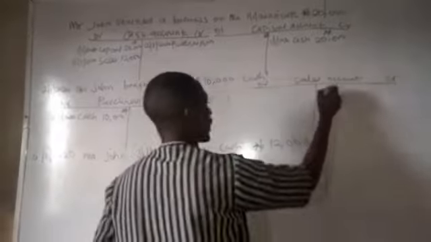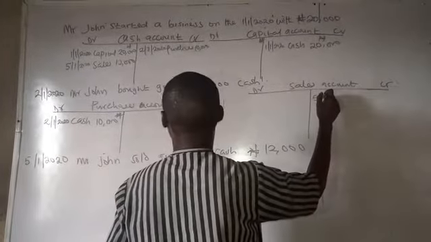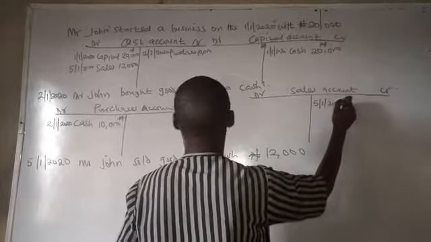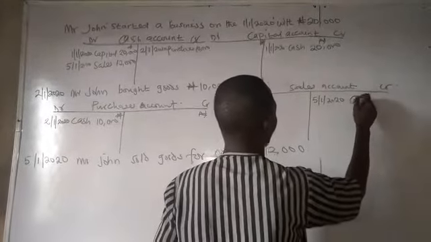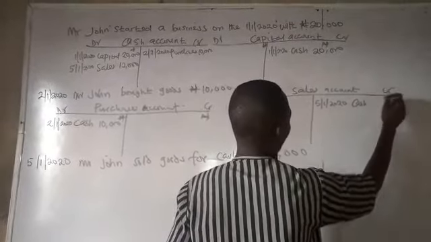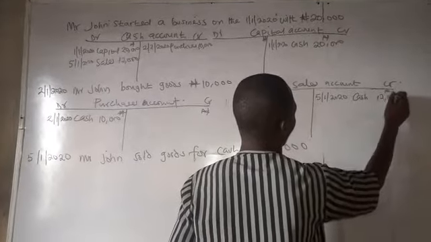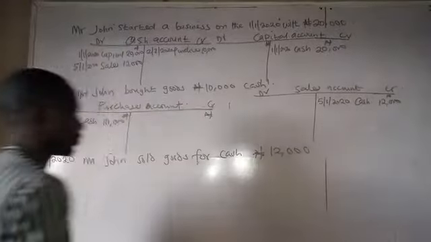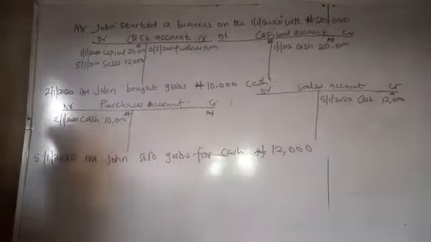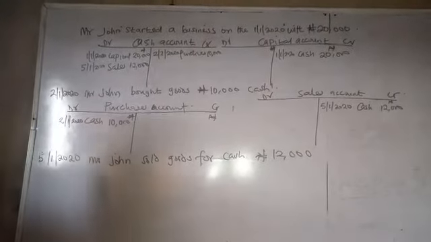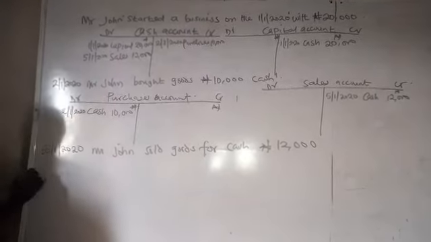Then the corresponding credit entry will be on the 5th of January 2020, cash, 12,000 naira. Is it clear? Yes. Let's take another transaction.